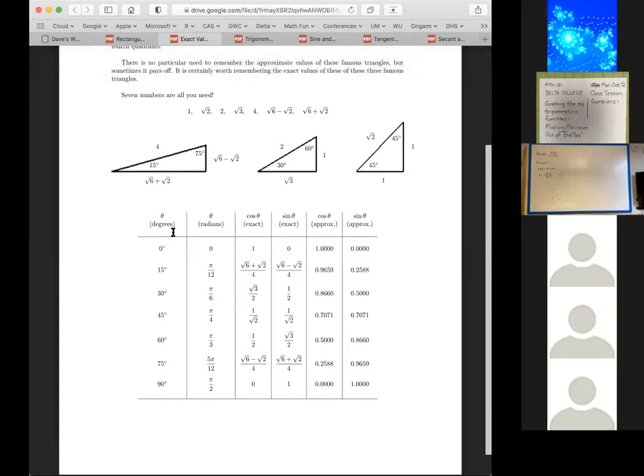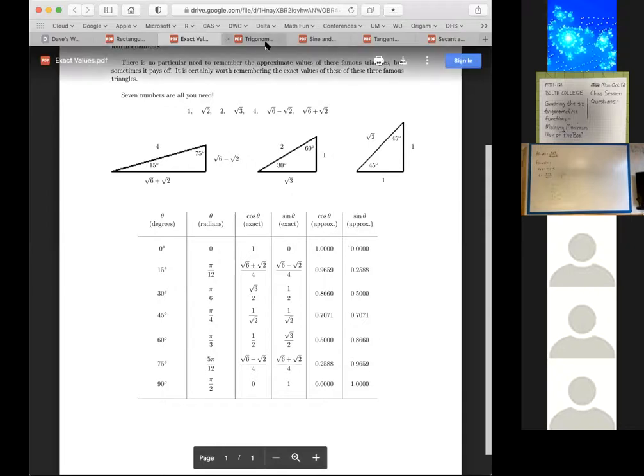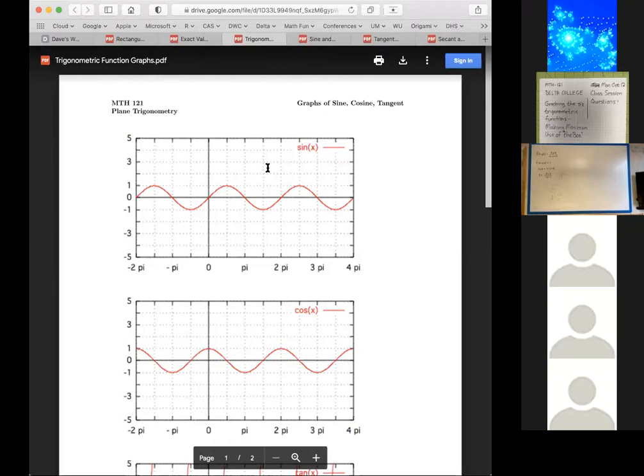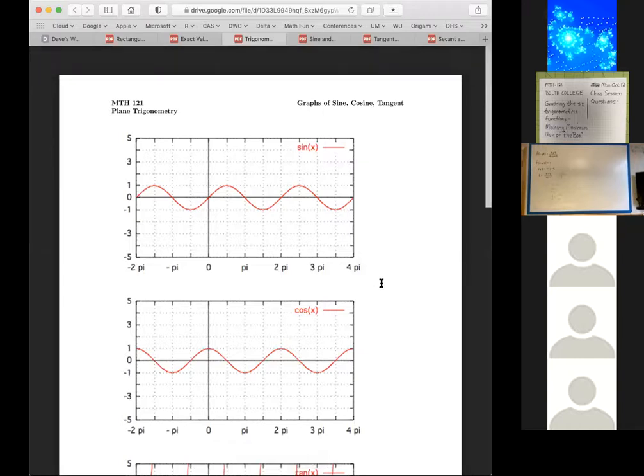But in this chart, I gave you the exact values every 15 degrees up to 90, and I gave you the approximate values every 15 degrees up to 90. So we might use some of these approximate values when we're marking graphs today. You might have been looking at these graphs yourself last week as you were practicing drawing them, working on the homework, getting ready for the next homework.